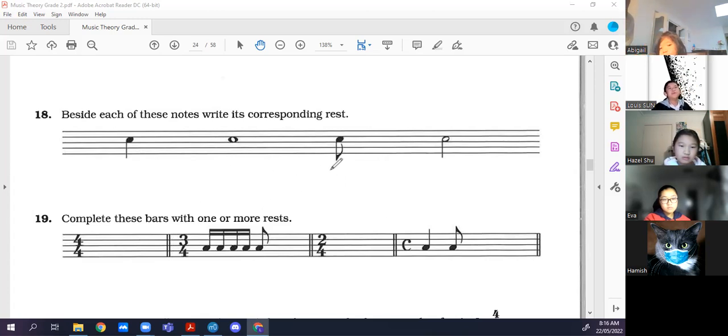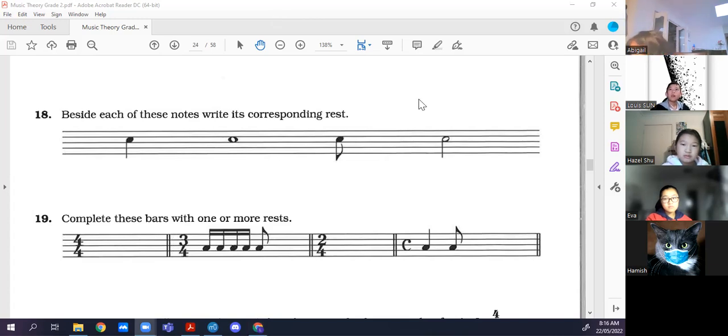Please answer me. I just want someone to try drawing these corresponding rests. You guys can draw on the screen.